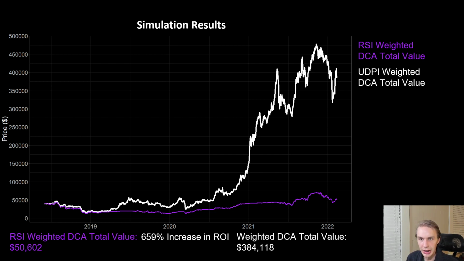The RSI doesn't do that. It's by calculation, by definition, a forgetful model. It does not care about the entire history of the asset, only very recent history. So the UDPI is able to blow things out of the water there.